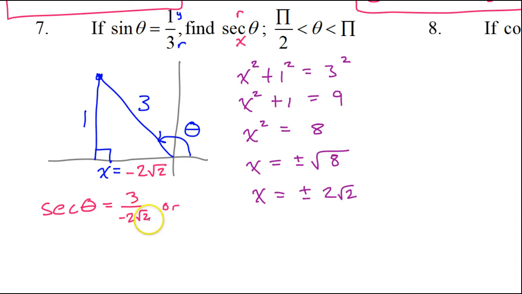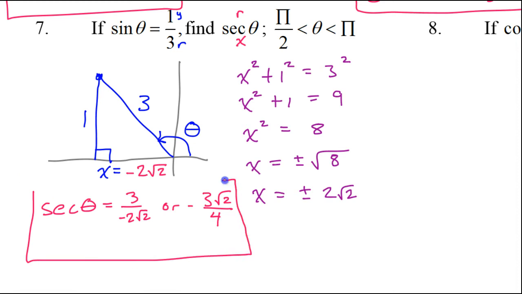If we rationalize the denominator by multiplying the numerator and the denominator by radical 2, then we get negative 3 radical 2 over 4. So either one of these are correct.